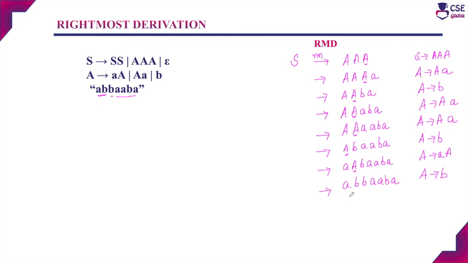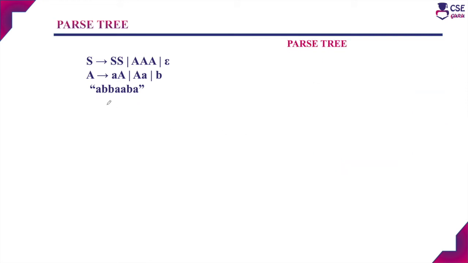Now we have derived the string a a b b a b a using the rightmost derivation.